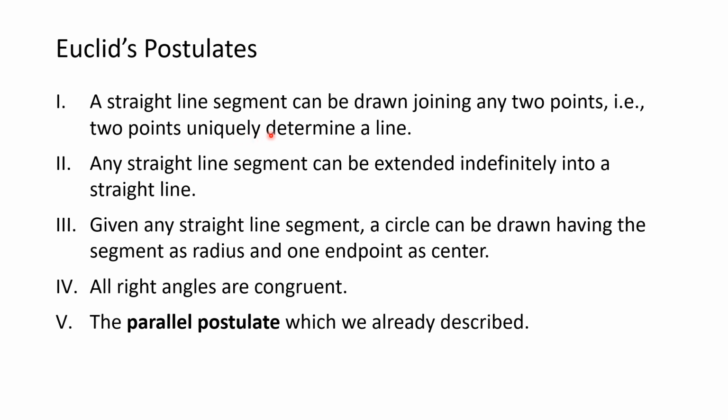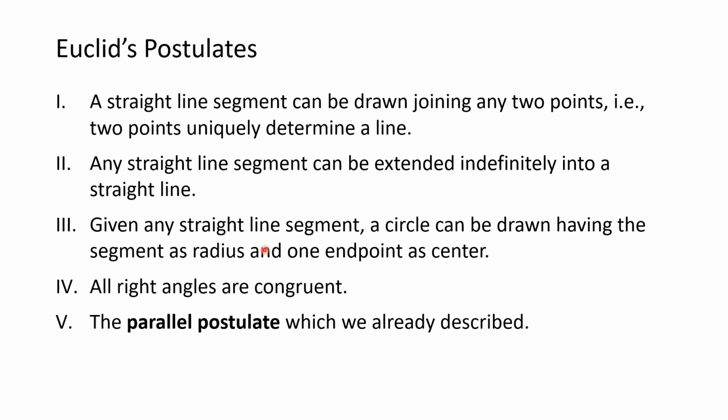Two points uniquely determine a line. The next two seem fairly obvious. Any straight line segment can be extended indefinitely in a straight line. So we can do that. And given any straight line segment, a circle can be drawn having this segment as a radius and one endpoint as the center of the circle.